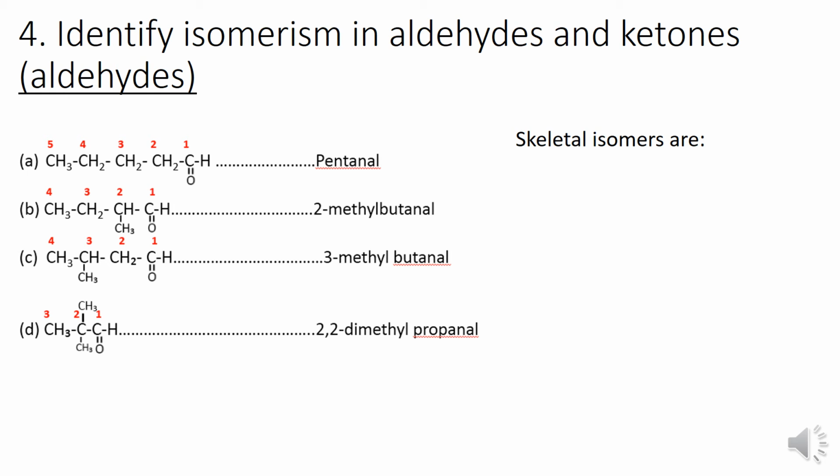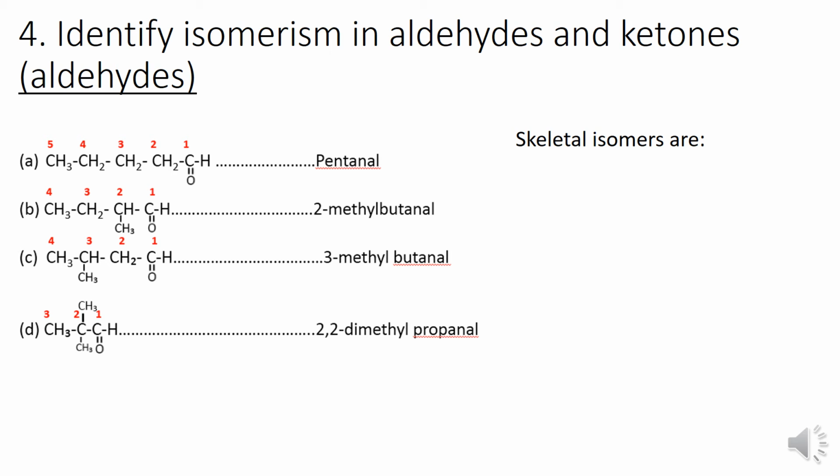D has a main chain of 3 carbon atoms. So as we see here, A has 5 carbon atoms, in B the main chain is reduced to 4 carbon atoms, and in D the main chain is reduced to 3 carbon atoms.